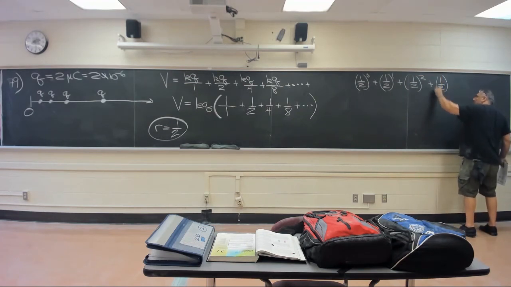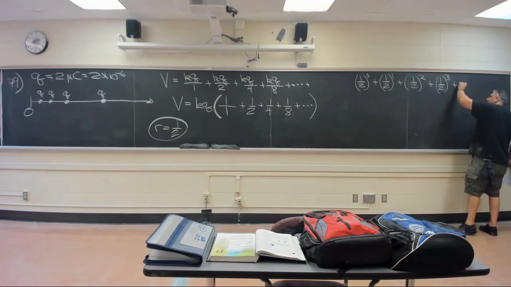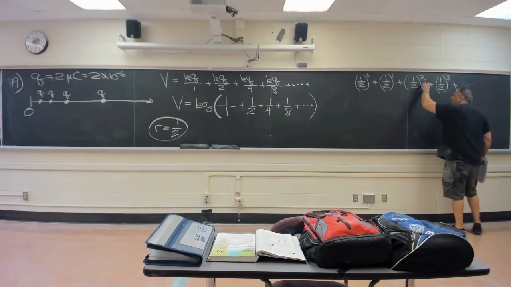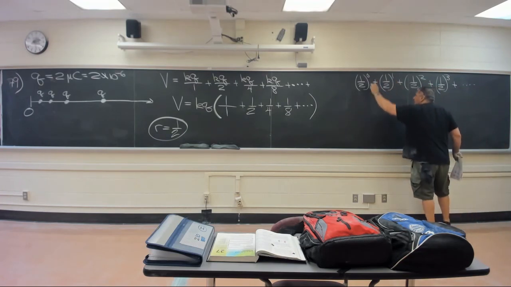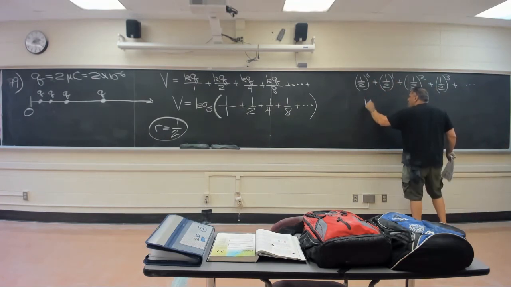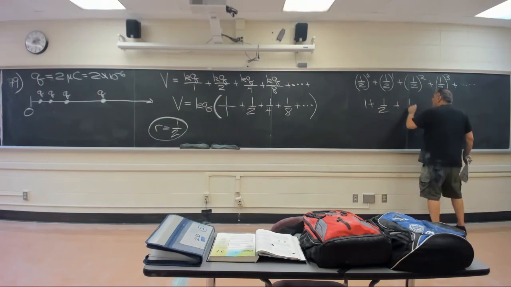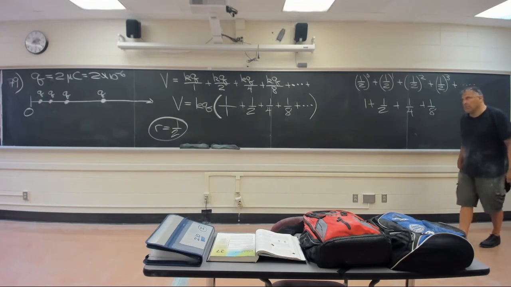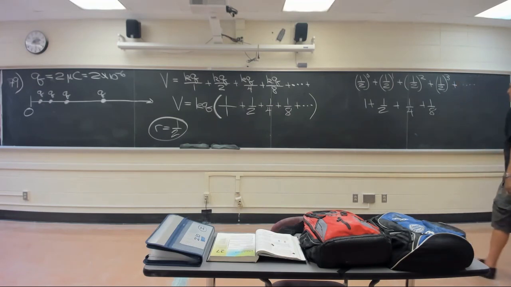What's a half to the 3 power? That's 1/8. If you cube this, it's 1/8. Square this, it's 1/4. This is a half. This is 1. This becomes 1 plus a half plus a fourth plus an eighth. Yeah, sure does.